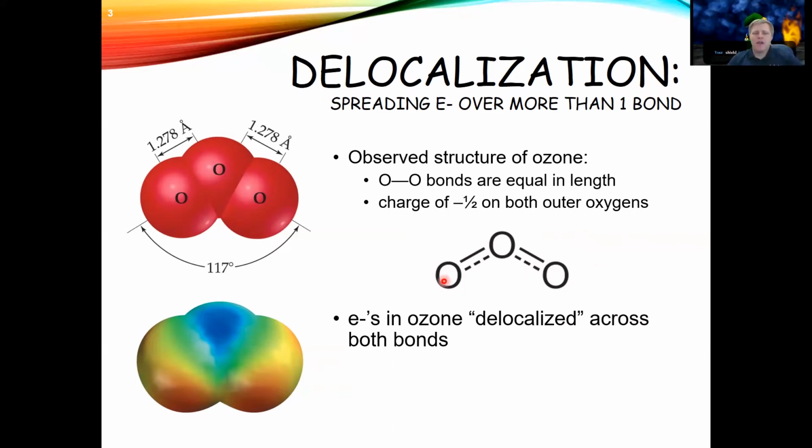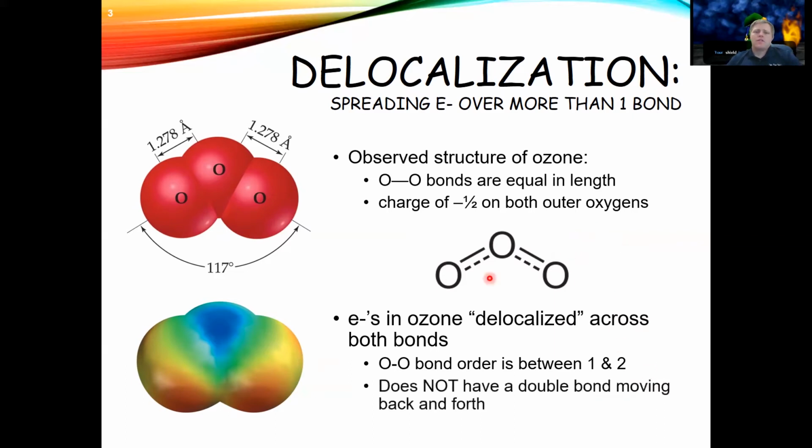It's spread out now to encompass all of these. So in this case, we're going to say we have a bond order that's not 1 and not 2, but somewhere in between 1 and 2. And so now bond order is getting a little more complicated. And we're not actually going to think about this as a double bond going back and forth.